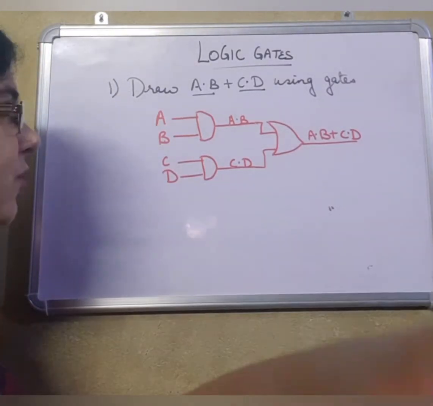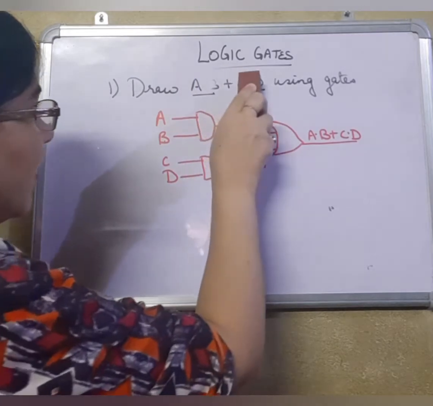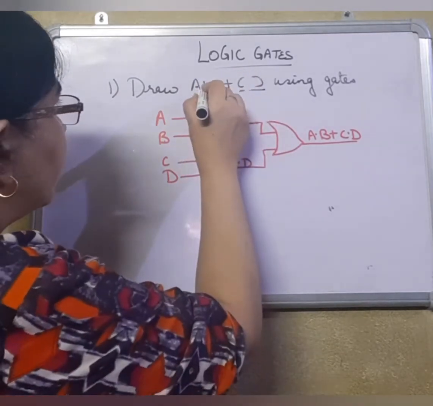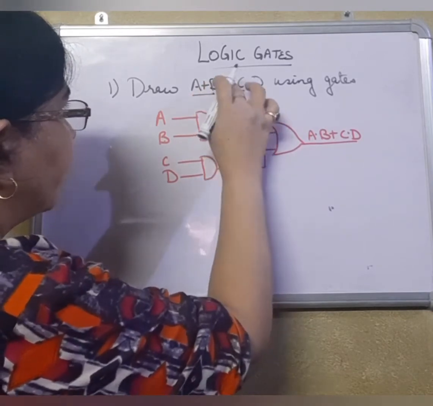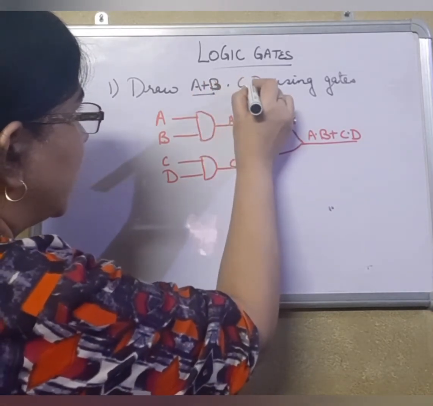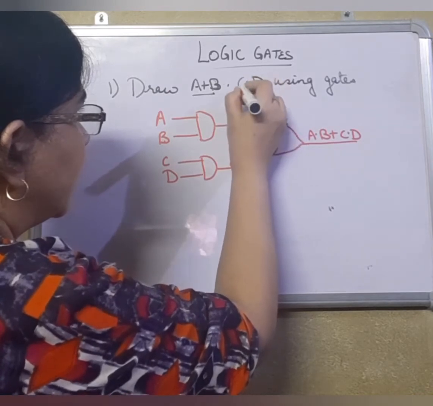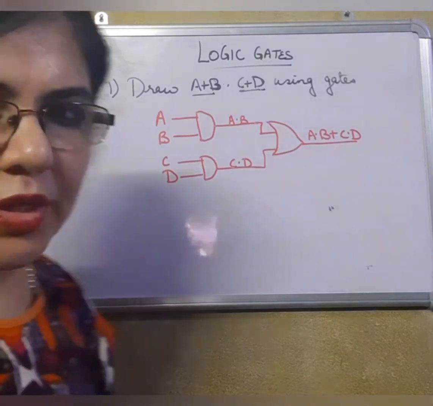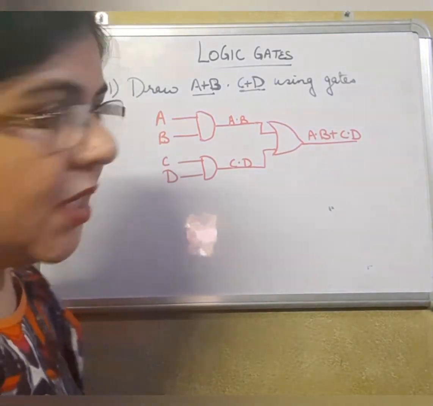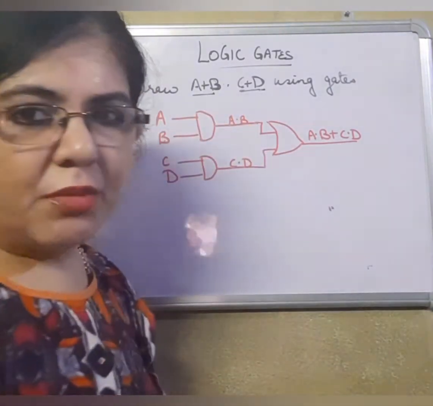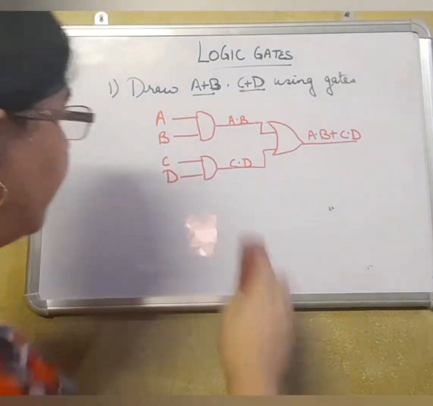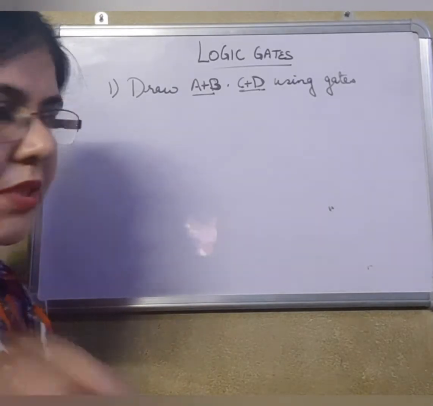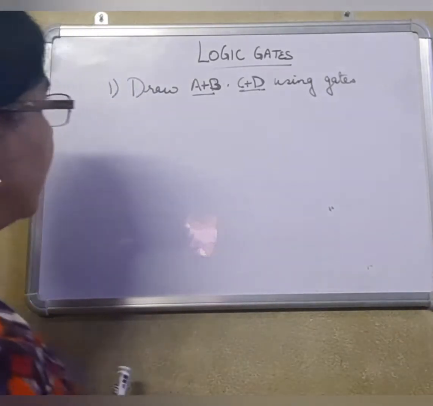Suppose the question changes in such a way like (A plus B) dot (C plus D). And here what we are getting, A and B have to be joined by an OR gate, C and D by an OR gate. Last of all, they will be joined by an AND gate. So this time, the diagram changes a bit.